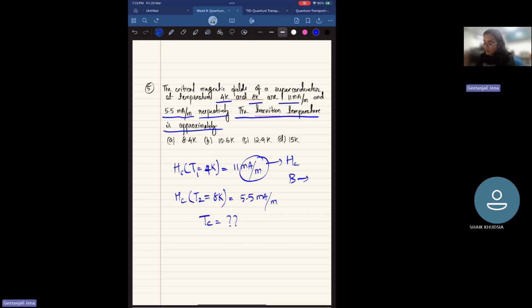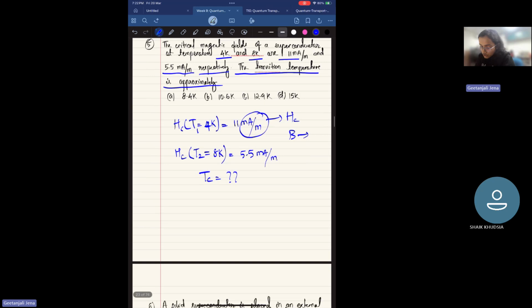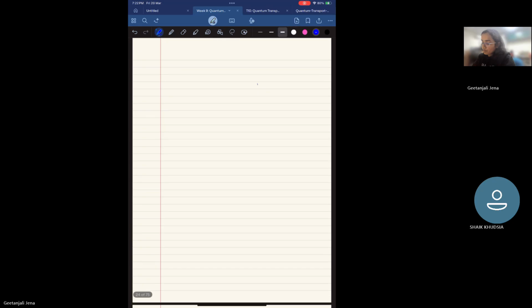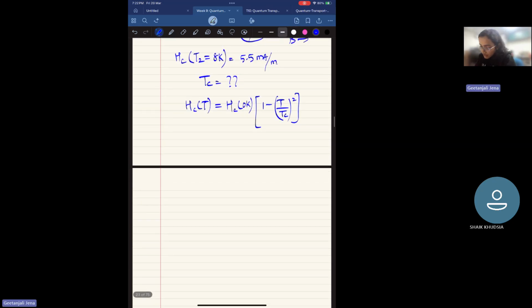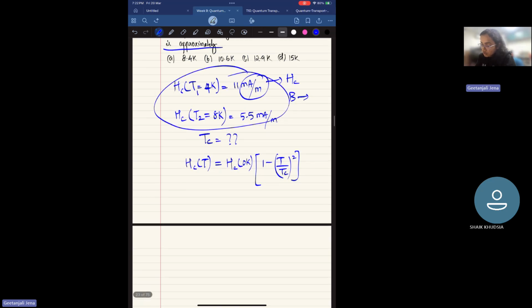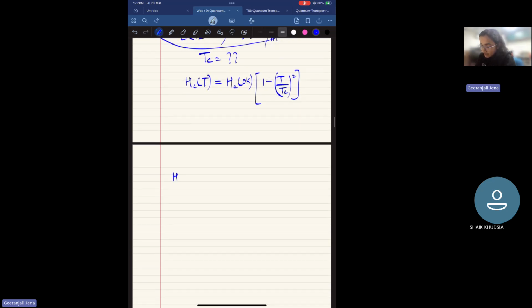Let me show you the steps. It's quite easy. You just need to use this equation: Hc at temperature T is Hc at 0 Kelvin times 1 minus T by Tc whole squared. You are given two critical fields, so let us divide Hc(T1) by Hc(T2).